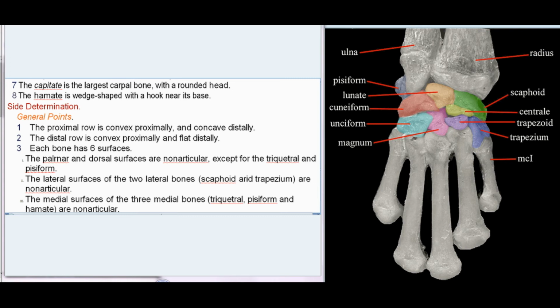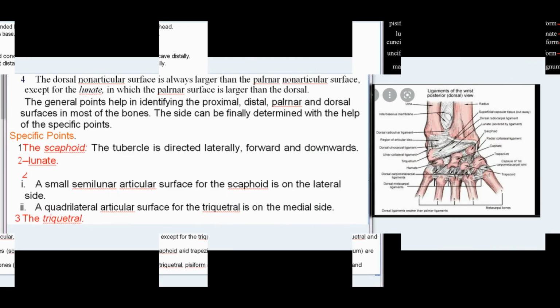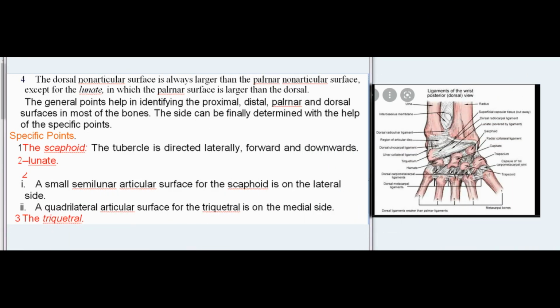The medial surfaces of the 3 medial bones, triquetral, pisiform, and hamate, are non-articular. 4. The dorsal non-articular surface is always larger than the palmar non-articular surface, except for the lunate, in which the palmar surface is larger than the dorsal. The general points help in identifying the proximal, distal, palmar, and dorsal surfaces in most of the bones.